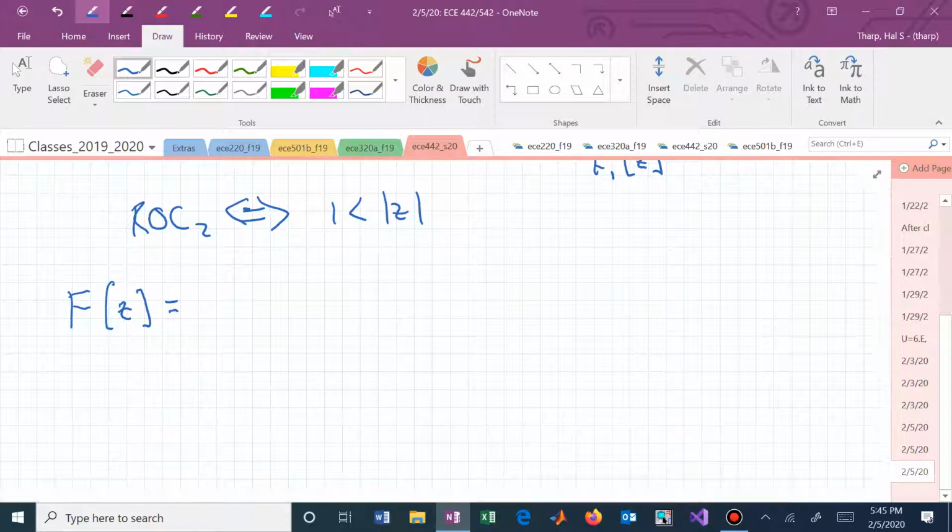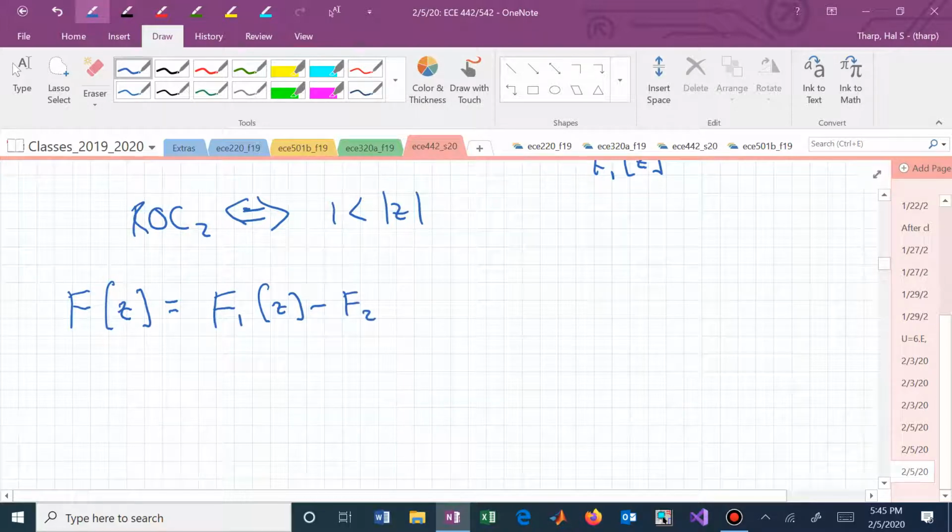You can now compute this two different ways because you know the linearity property. You could say, well, that must be f1 of z minus f sub 2 of z. Well, f sub 1 of z was 1 over 1 minus z to the minus 1.